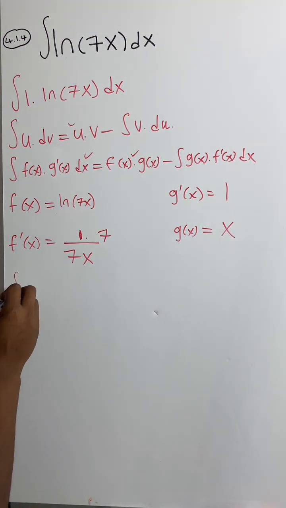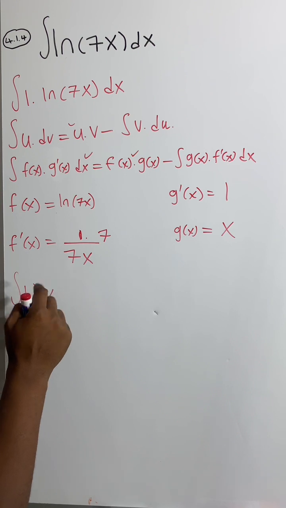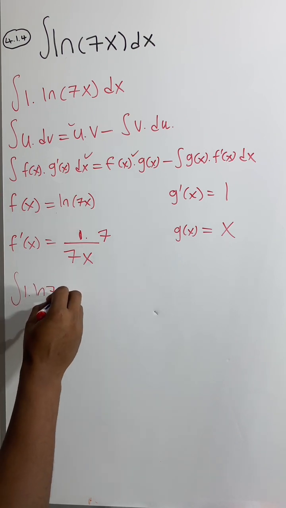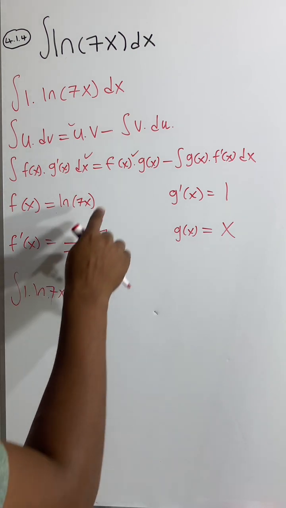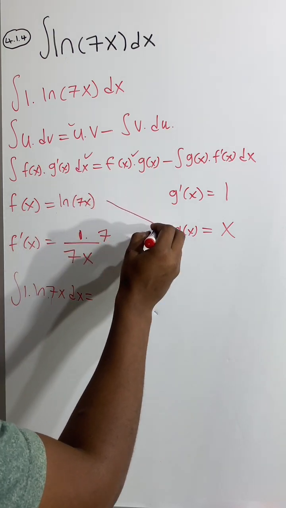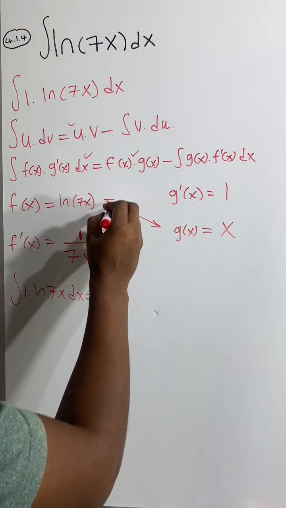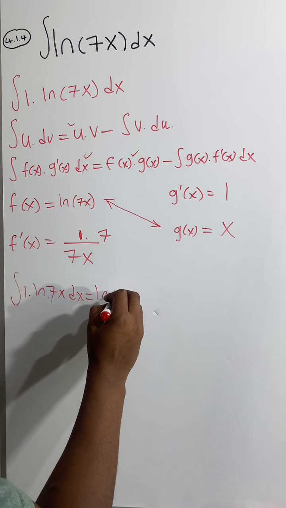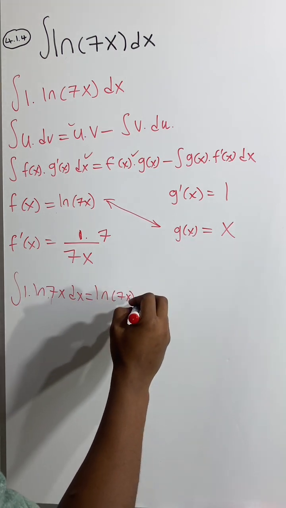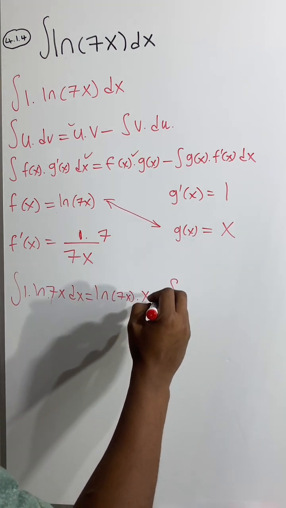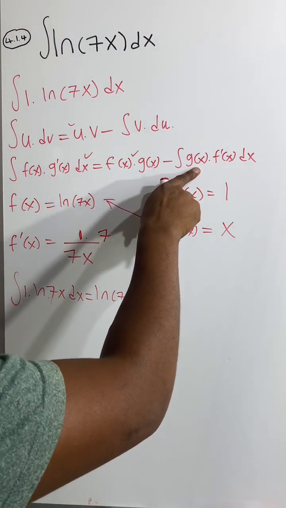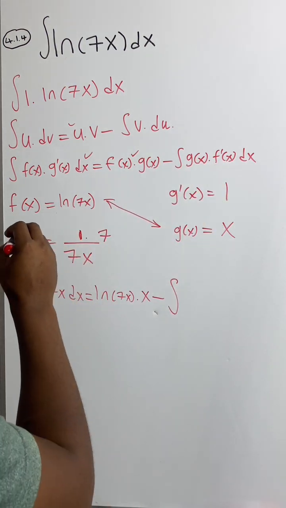So the integral of 1 multiplied by ln of 7x dx will be equal to f of x multiplied by g of x, f of x being ln of 7x and g of x being x, minus the integral of g of x multiplied by f prime of x.